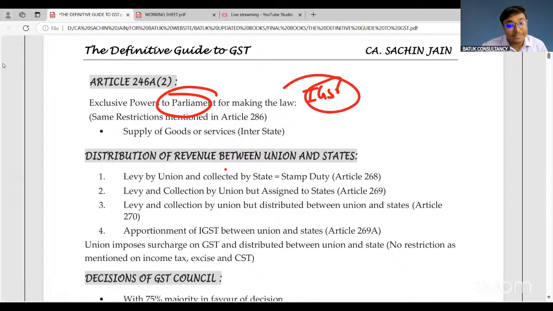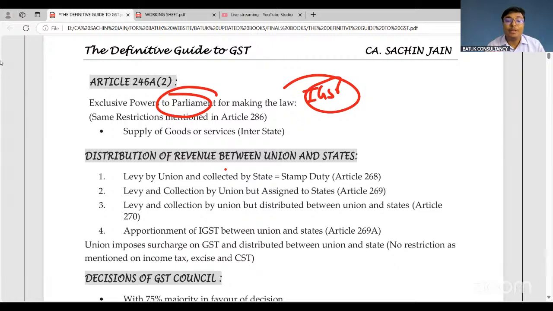I think this matter is clear in your mind that through Article 246A, they have given the concurrent power to the center and state to make the provisions related to GST, that is CGST and SGST. And through Article number 246A, subclause number 2, they have given specifically the power to the Parliament for making the laws related to interstate supply, that is IGST.